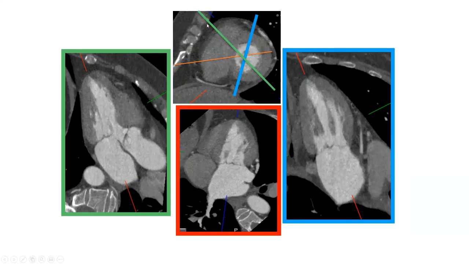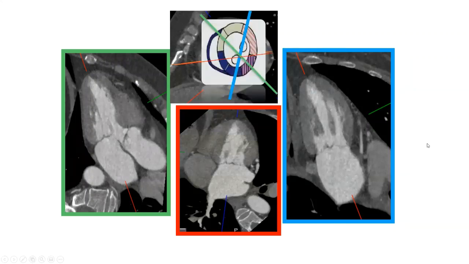The three-chamber is about 60 degrees away from that, so it's looking through the aortic outflow tract, and the two-chamber goes through the anterior free wall, where the left anterior descending artery sits here, and the posterior descending artery sits there. So three-chamber, four-chamber, two-chamber.